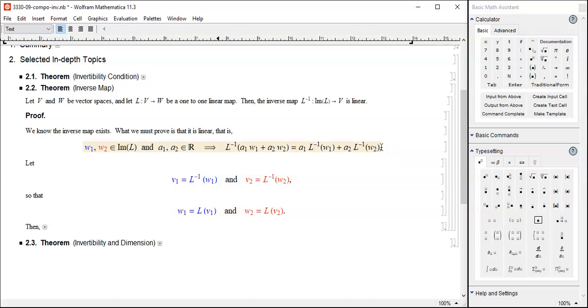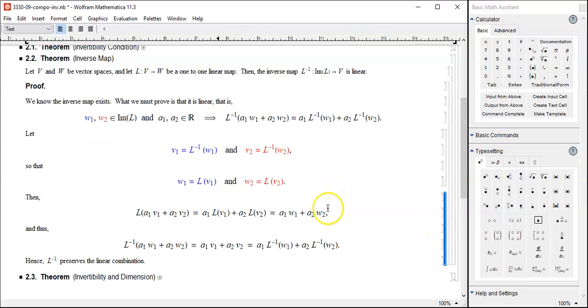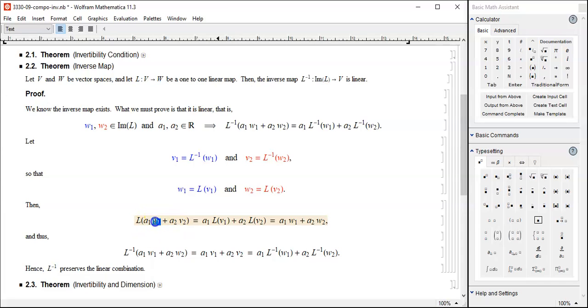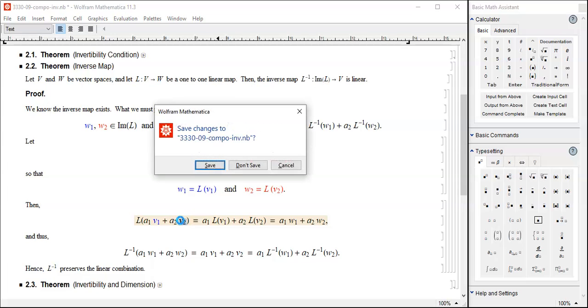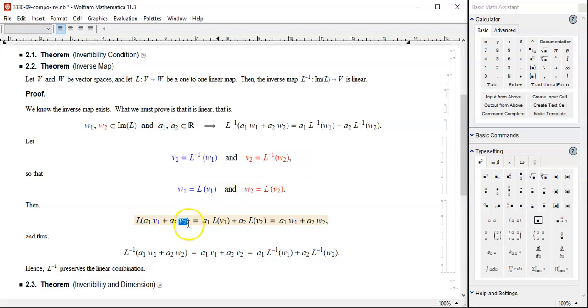Actually, not just yet. Instead of starting from A1W1 plus A2W2, we have to start from A1V1 plus A2V2. L of A1V1 plus A2V2, and L is a linear map.